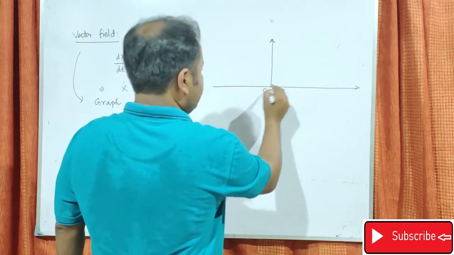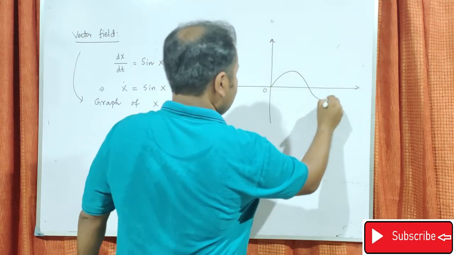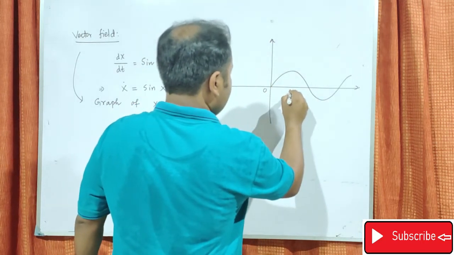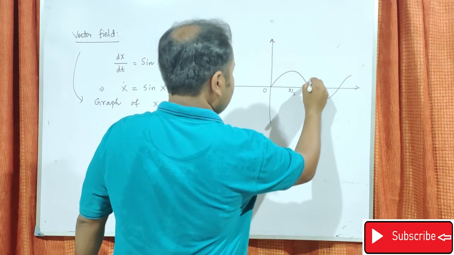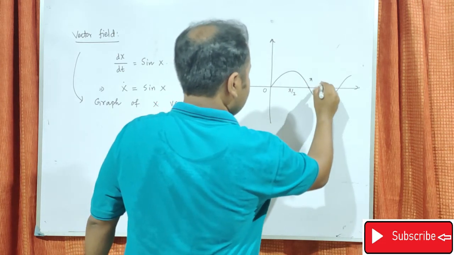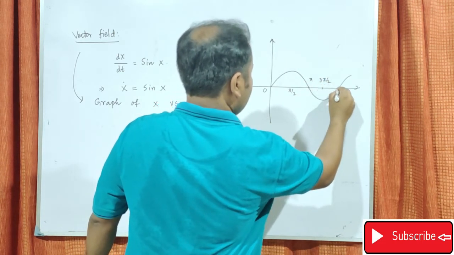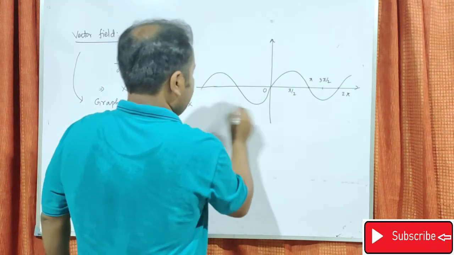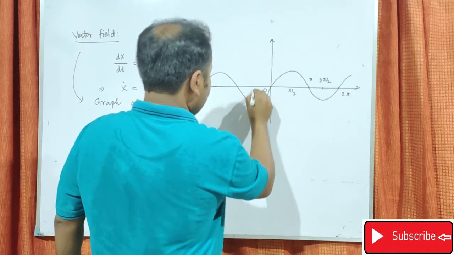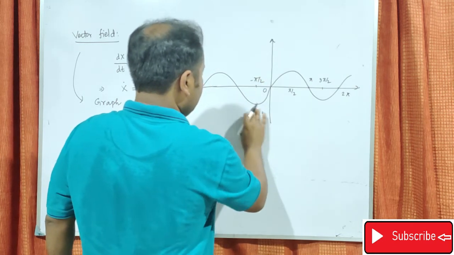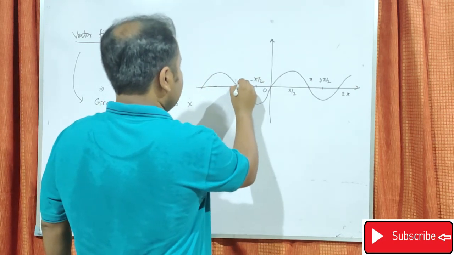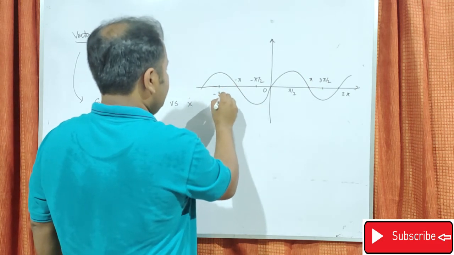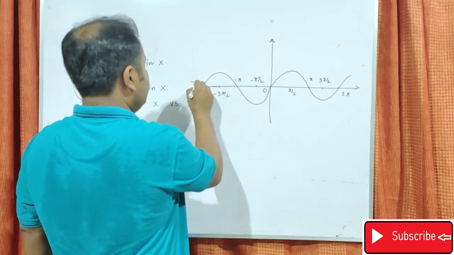At this point this is 0, this is pi by 2, this is pi, this is 3 pi by 2, this is 2 pi, this is minus pi by 2, this is minus pi, this is minus 3 pi by 2, this is minus 2 pi.